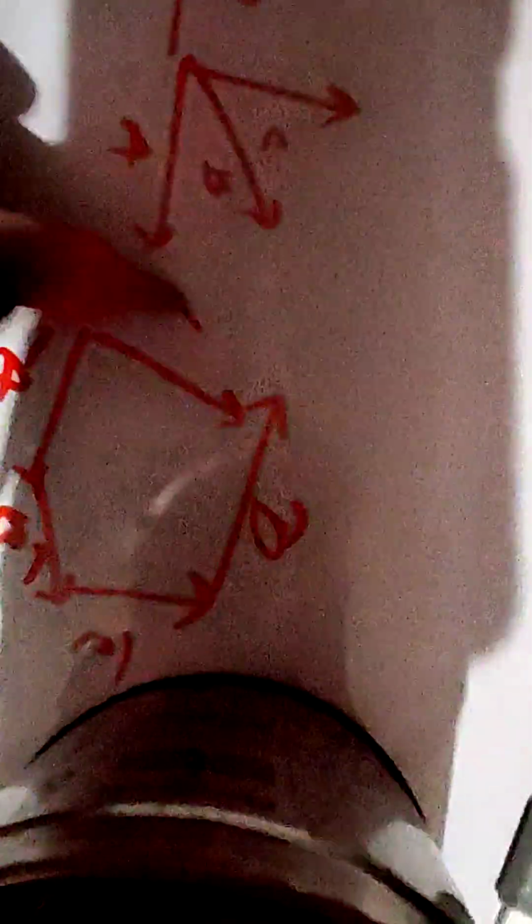This arrow is horizontal, we add this. This arrow is like this, so we do this, and this is straight. Similarly, this is downwards. This is the resultant. So we use the Polygon law for A, B, C, and D vectors. This is R.